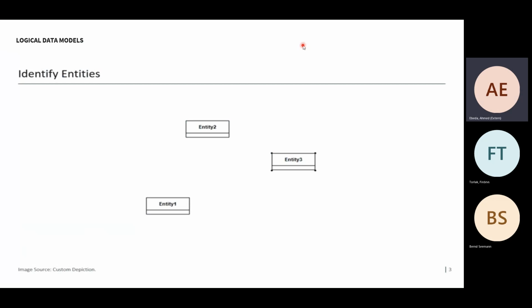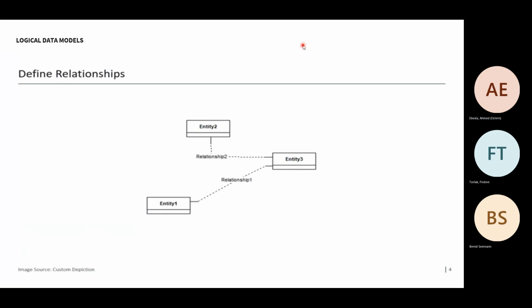The process starts by identifying the entities in the database. These are the uniquely identified trackable classes, such as main branches, orders, students, movies, etc. Once the entities are identified, the relationships can be defined.